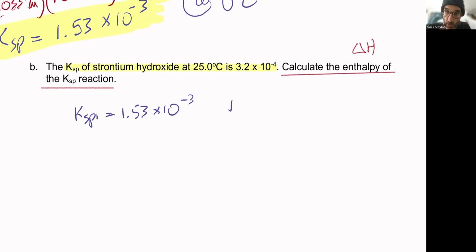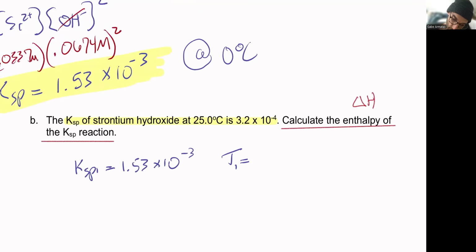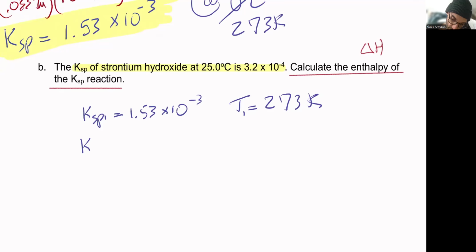We'll call that temperature 1, not 0 degrees Celsius, but 273 Kelvin. My Ksp2 is the information that I have here for the second one, which is 3.2 times 10 to the negative 4. And my temperature 2 turns out to be 298 Kelvin.